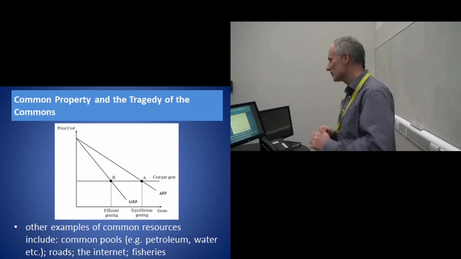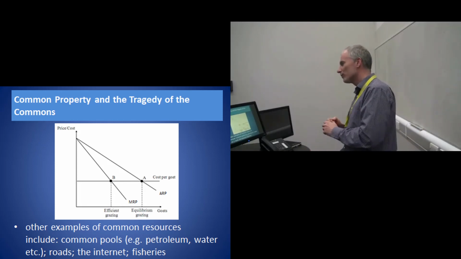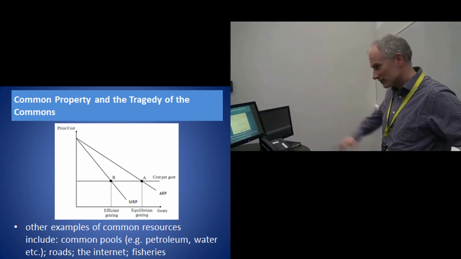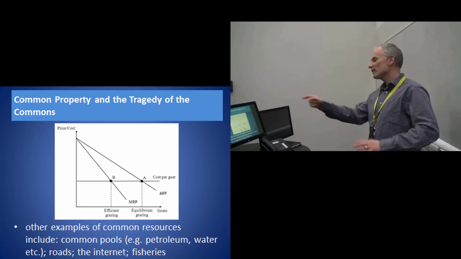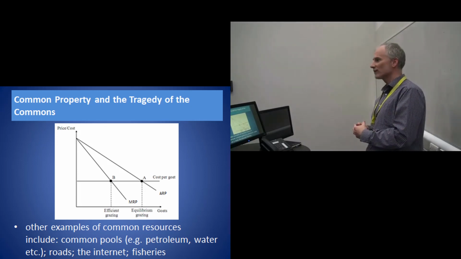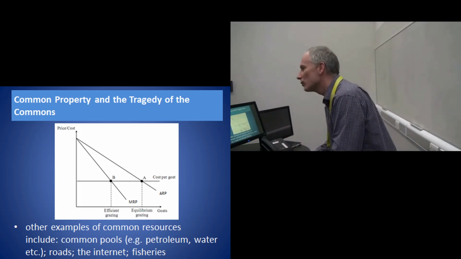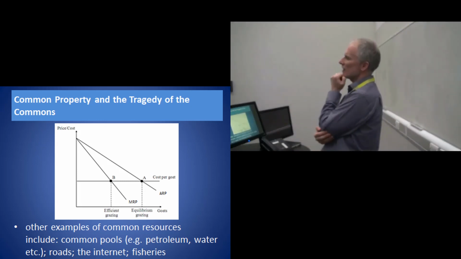However, last question I want to ask you for today, what's this topic on? Externalities. So, I've given you some examples of common pool, common goods, common property. Where though does the externality lie?